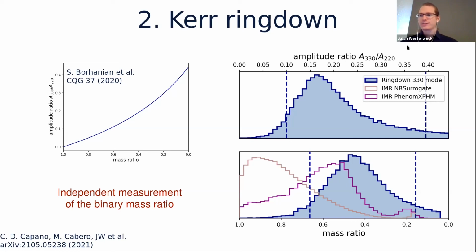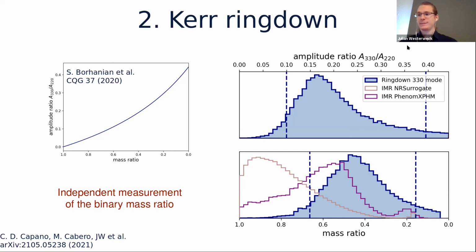And on the right, you see the measurement of the amplitude ratio, so the ratio between the 3-3 and the 2-2 fundamental mode amplitude that we found from our analysis. And on the lower right panel, this is converted via these numerical relativity fits to the corresponding mass ratio. And you can see that it peaks around a value of 0.4, so indeed unequal masses.